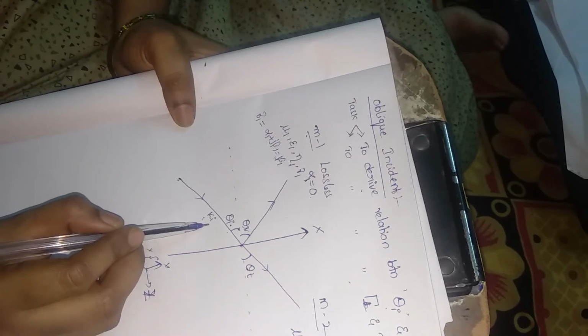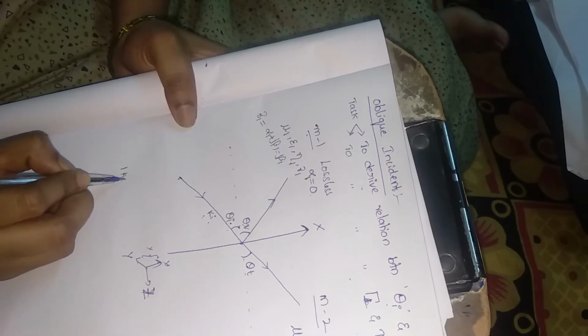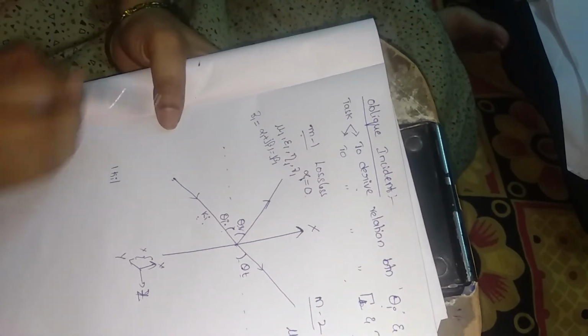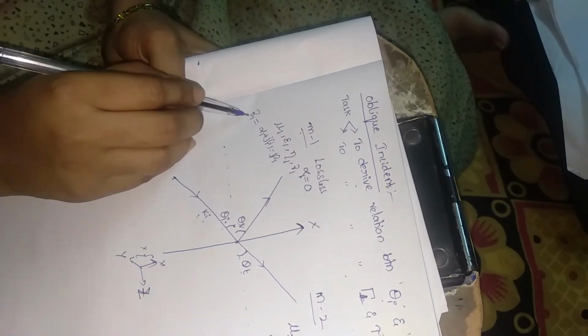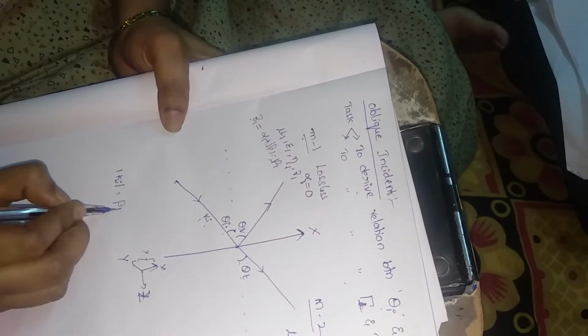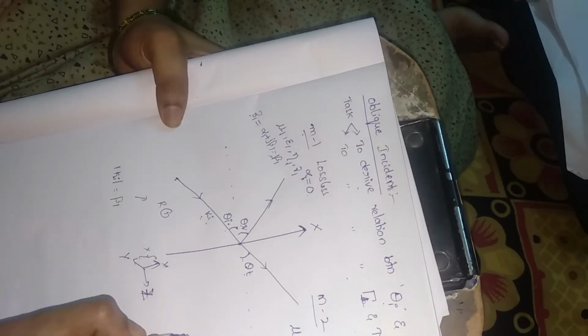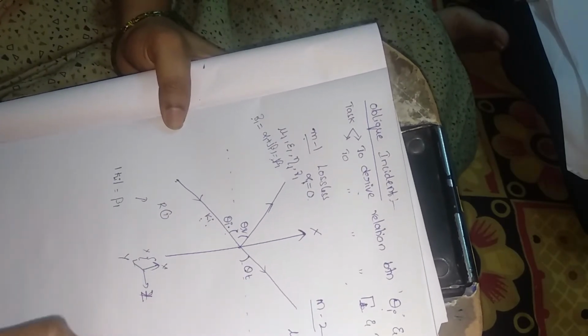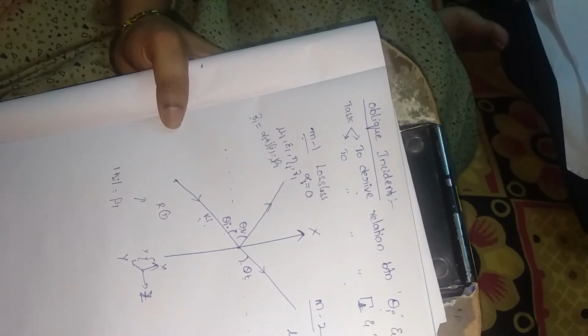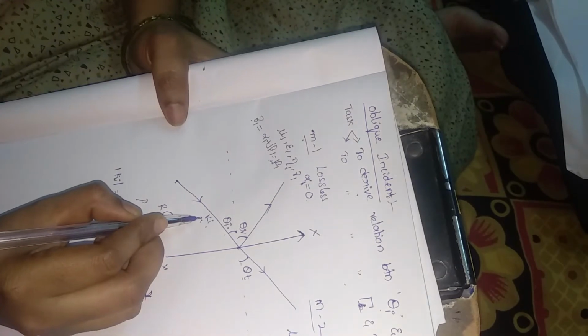Here I am taking ki as the propagation vector. Then the magnitude of the propagation vector ki is nothing but gamma. So what is the magnitude here? Beta 1 for region 1, this is region 1 and here it is region 2. For region 2, the magnitude of ki is beta 2, which is the magnitude of this propagation vector.